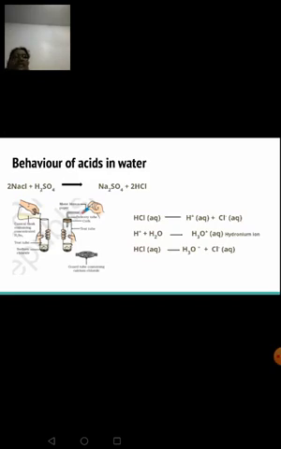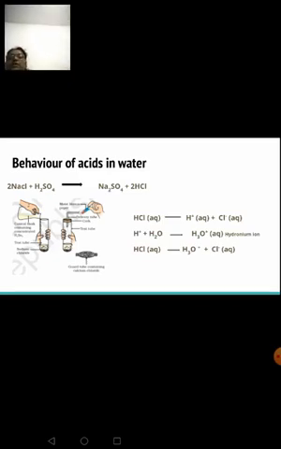They cannot exist alone. They combine with water. Any acid, when you dissolve in water, will turn into hydronium ion. So a totally new product is formed. So HCl, when it is dissolved in water, changes into hydronium ion and chloride ion.